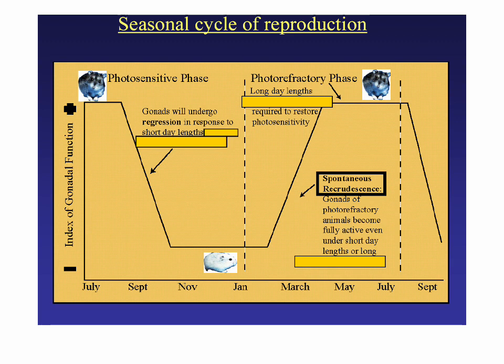And by mid to late summer, they have experienced enough long day exposure where they once again are primed to be photosensitive again. And when they're photosensitive, if they run into short days again, their testes will regress and they'll lose gonadal function. And that's exactly what happens.